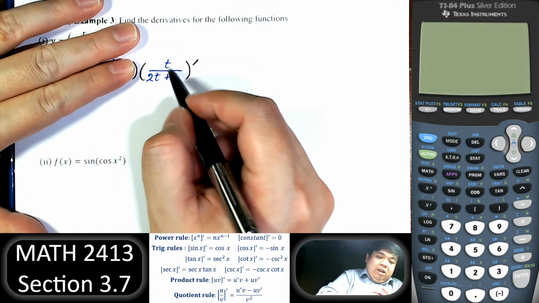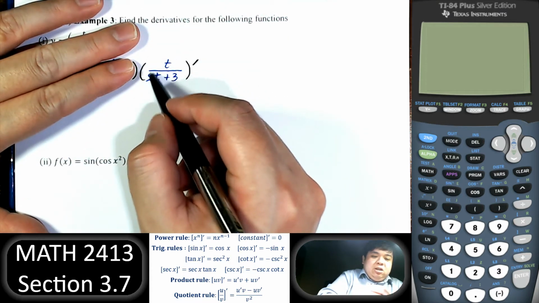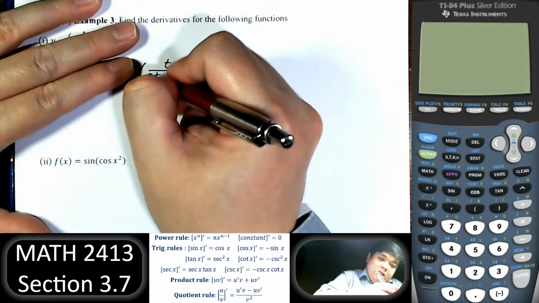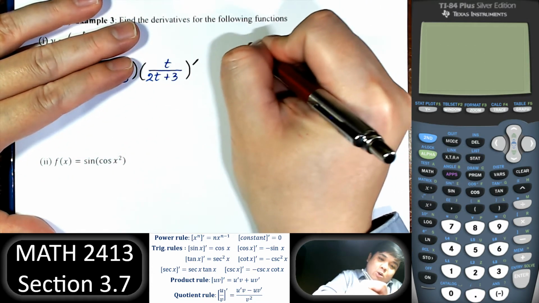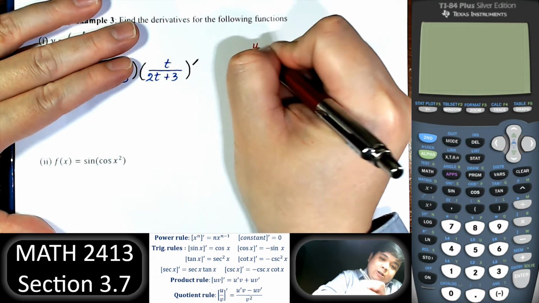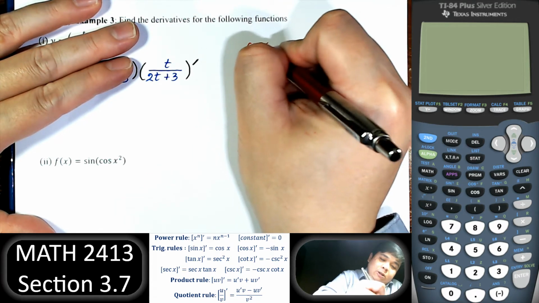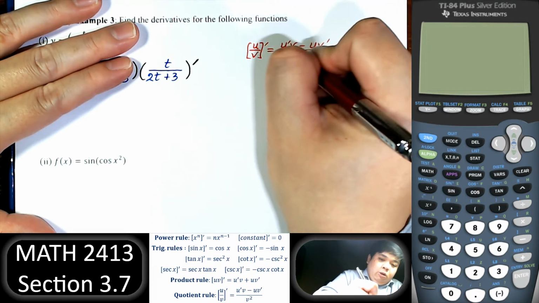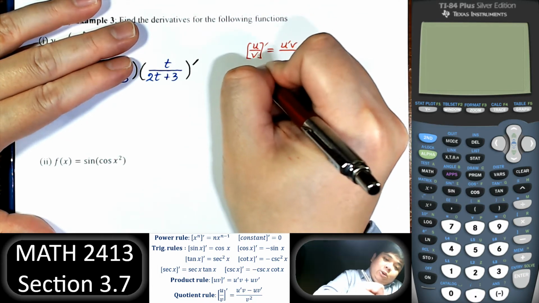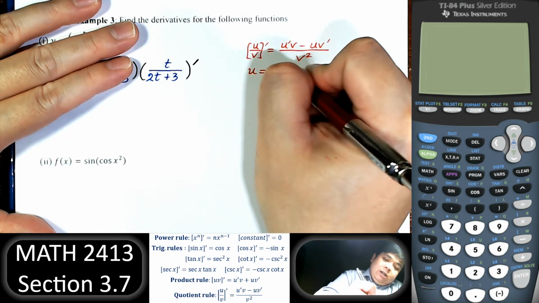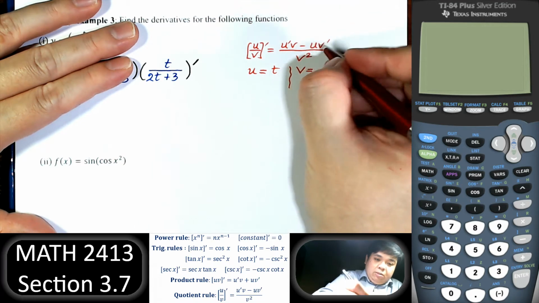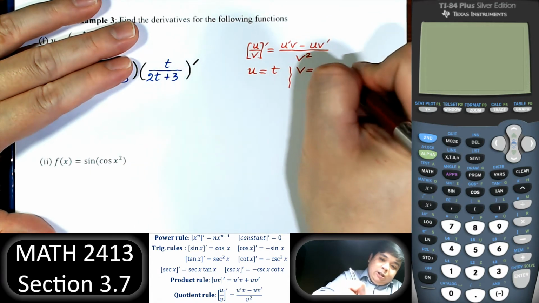Now just take the derivative of this. The derivative of this is a quotient rule, right? This is a quotient. So the quotient rule: u prime v minus u v prime over v squared. In this case, u is t and v, the bottom, is 2t plus 3.